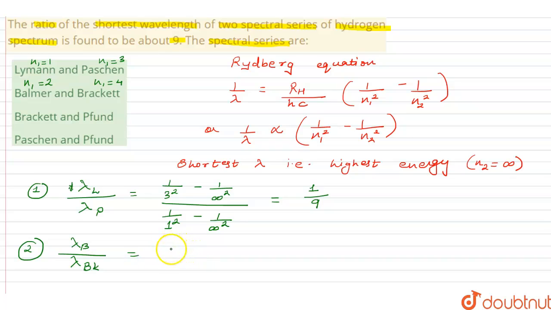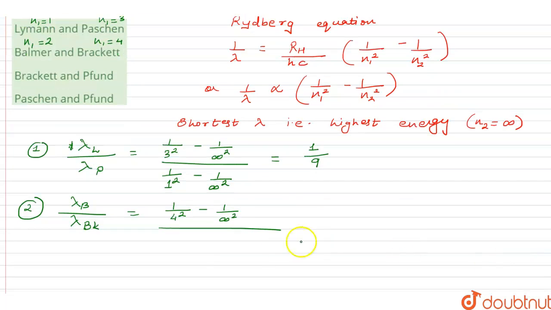So Brackett would be in the numerator and Balmer would be in the denominator, since 1 by lambda is directly proportional to this, so obviously it would be the reverse. So Brackett is 1 upon 4 square minus 1 upon infinity square divided by 1 upon 2 square minus 1 upon infinity square. So that becomes 1 upon 16 into 4 upon 1 and that makes it 1 upon 4. I hope you understood this.